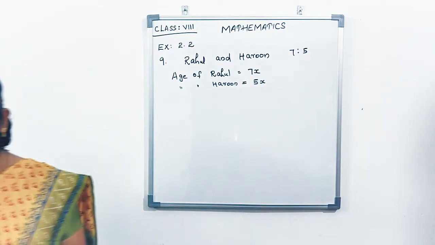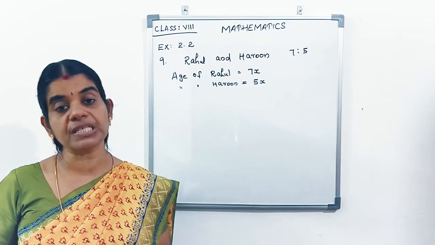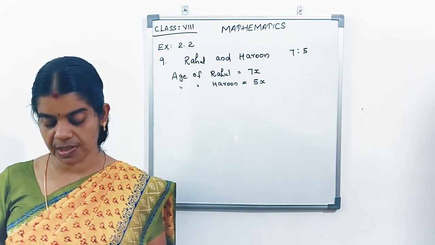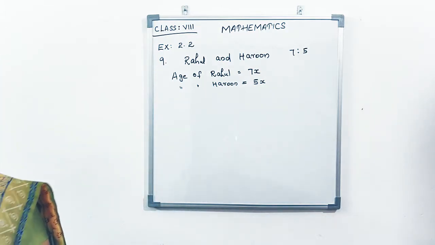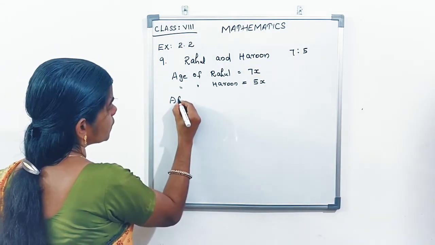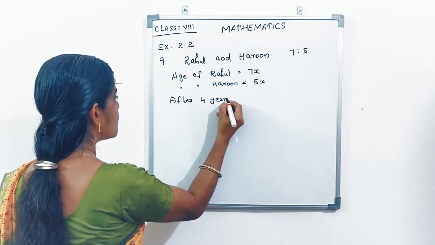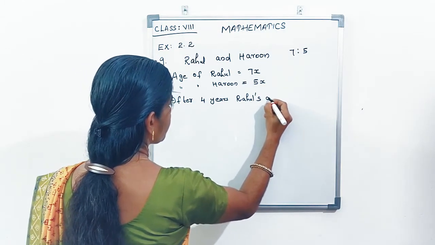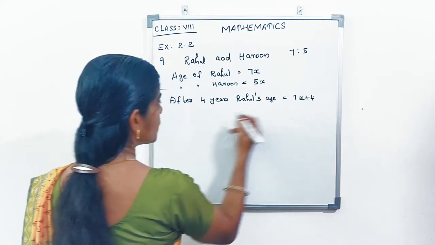Then after 4 years, the sum of these ages will be 56 years. What are their present ages? Then after 4 years, Rahul's age is equal to 7x plus 4.